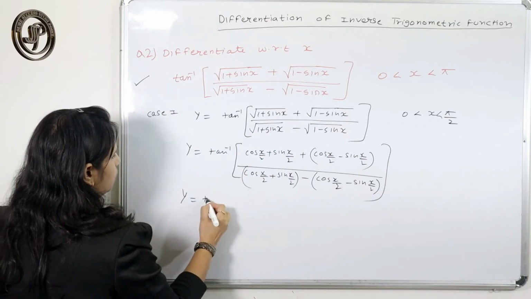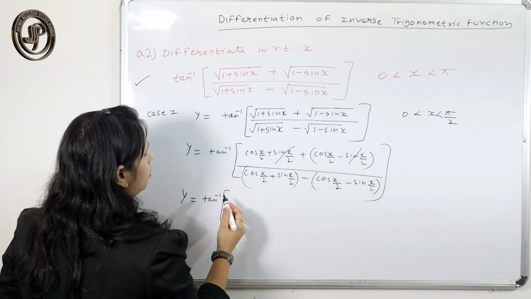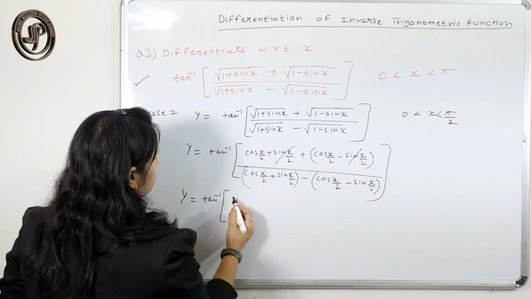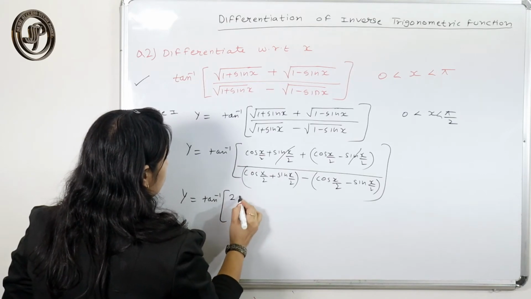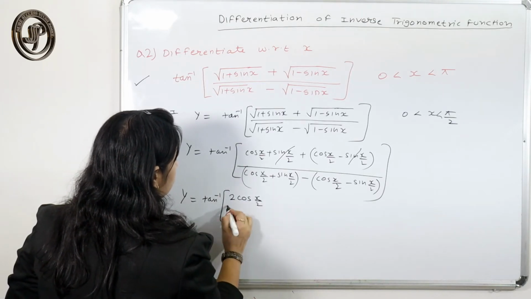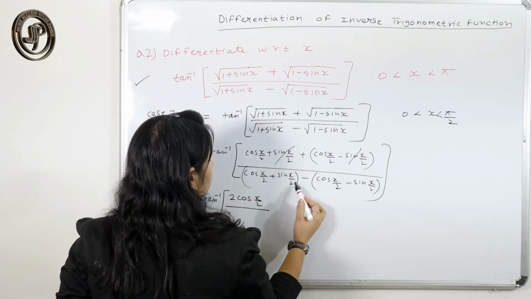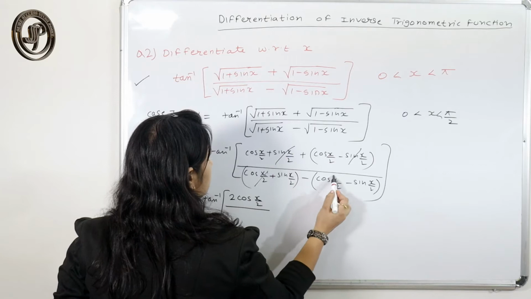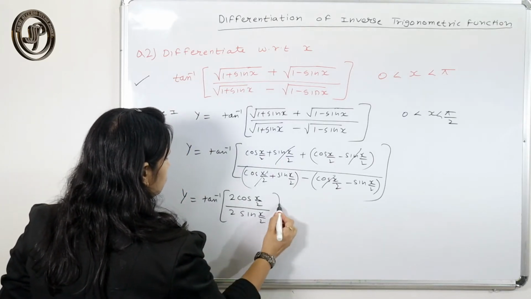Now if you put this, it becomes 2 cos x by 2 in the numerator, and here this will cancel out, so 2 sin x by 2.